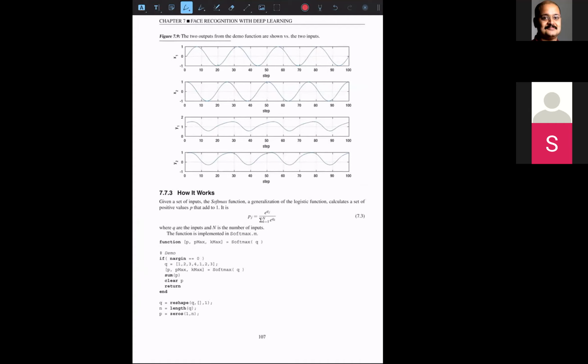And I want you to look at the softmax function in the code, which is implementing this logistic function. So think about the probability of getting COVID is 0.8, which means the probability of not getting COVID is 0.2. All the possible probabilities add up to 1. So that's what we have: the probability divided by the summation of all possible probabilities. That is how the softmax function is implemented.